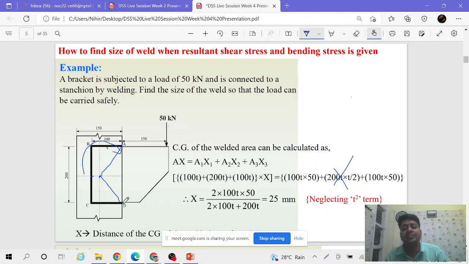If my design is safe for this portion, then automatically it will be safe for the entire portion, because radial distance at other locations are less. So the main motto of our design is to take this point into picture and keep it safe.